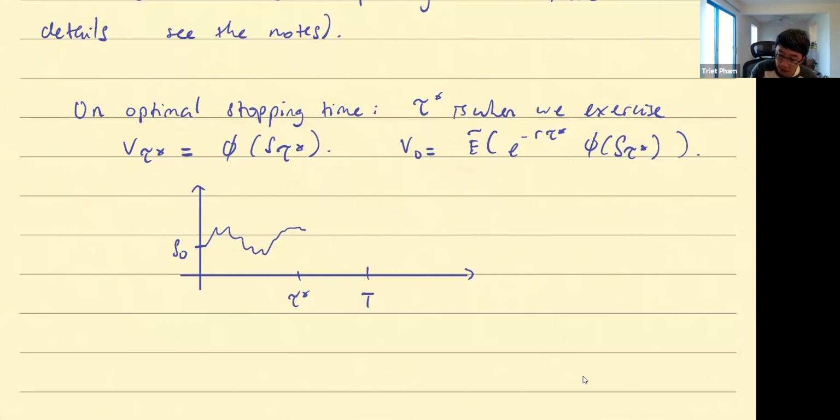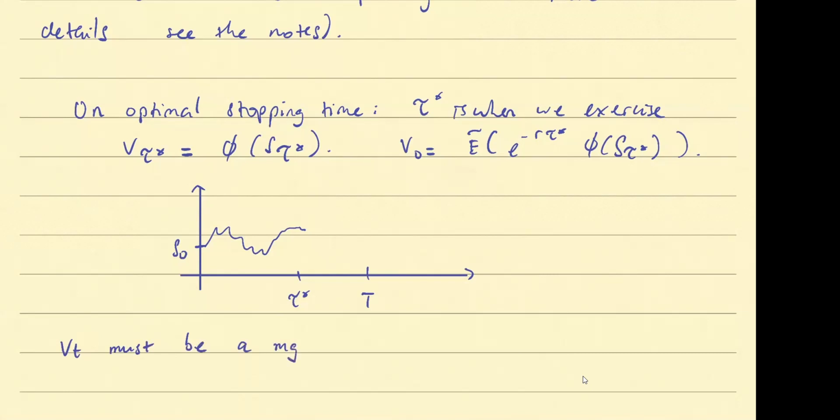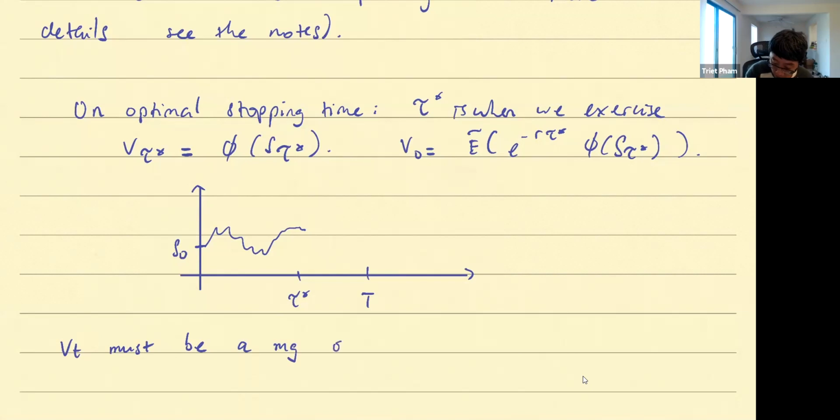So let me say this. It turns out, and it should be the case, that VT must be a martingale on 0 to tau star.